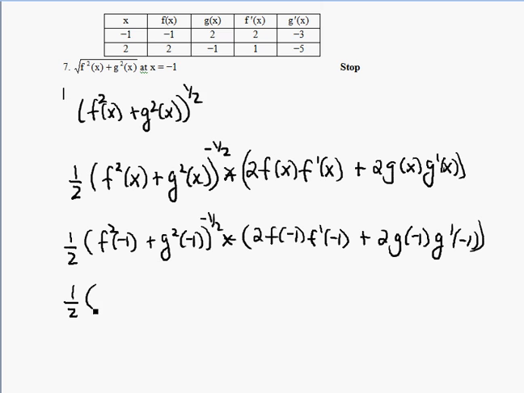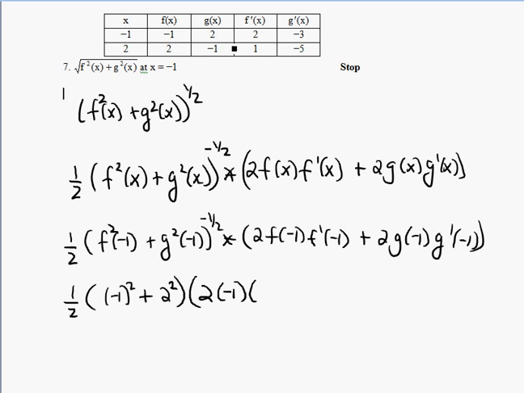So I get 1/2 times f of negative 1 is negative 1 squared plus g of negative 1 is 2 squared. 2 times f of negative 1 is negative 1.